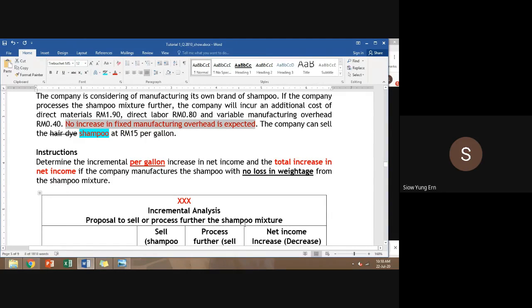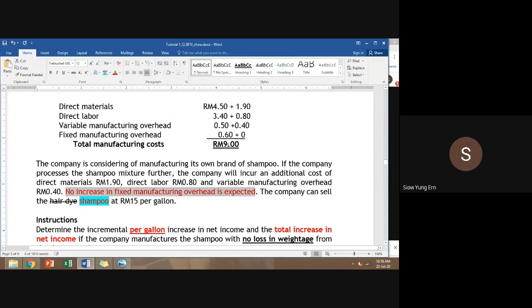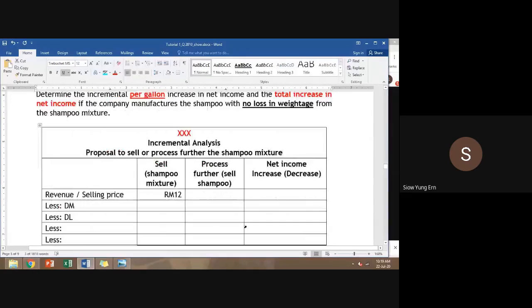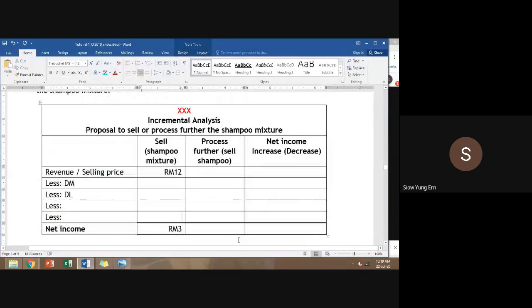So 60 cents, there's no increase. So if you sell, you have to incur 60 cents. If you process further also the same, you need to incur 60 cents.